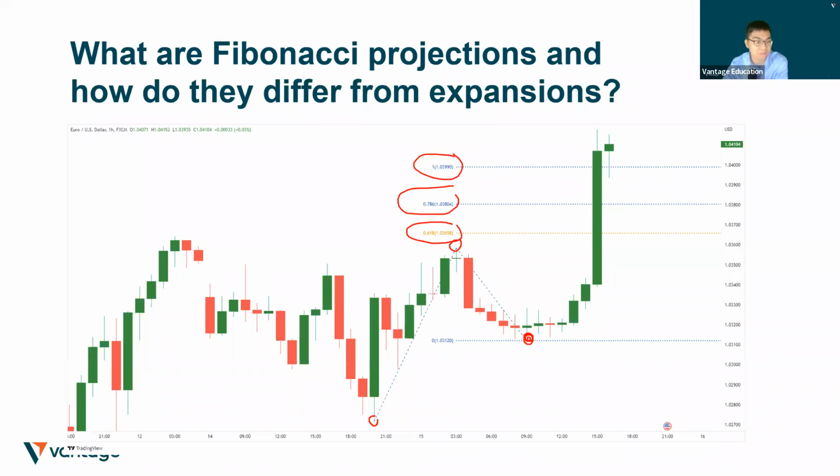So it's the opposite: instead of looking to take profit, you are looking at areas where price can reverse. In this case, it is the 78.6%, 61.8%, and the 100% Fibonacci projection. Expansion takes a key reversal point 1, then 2, and 3. For expansion, you only need to draw 2 key areas.